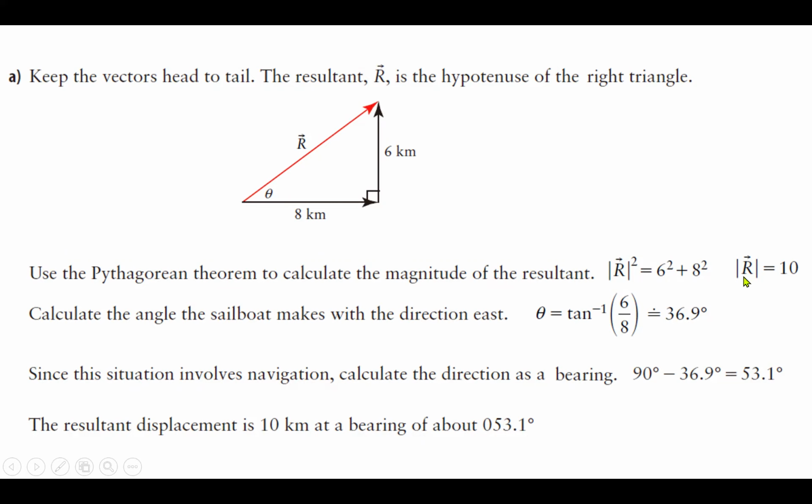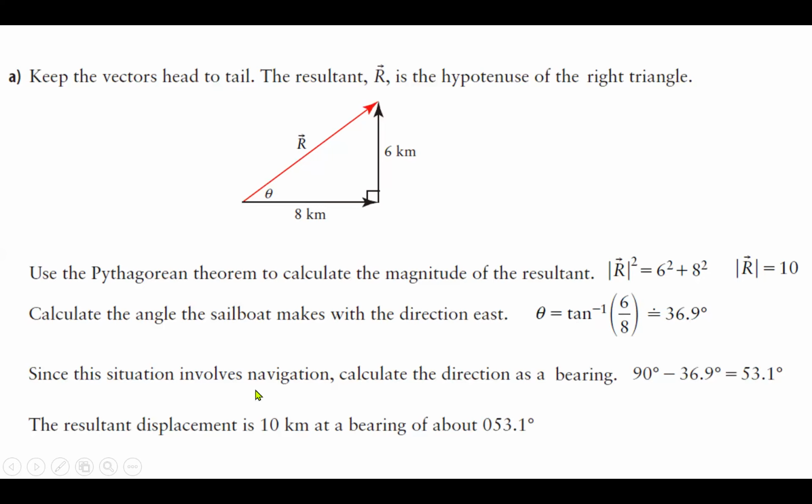Therefore, the magnitude of R equals 10. Then we can calculate the angle that the sailboat makes with the direction east. Theta is arc sine 6/8, which is approximately 36.9 degrees.